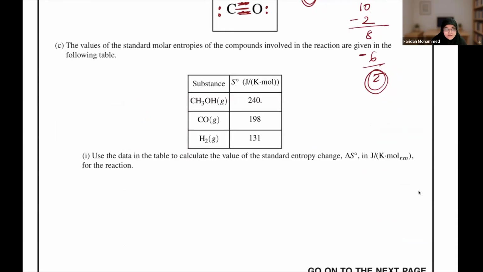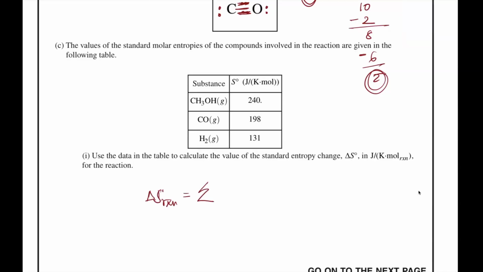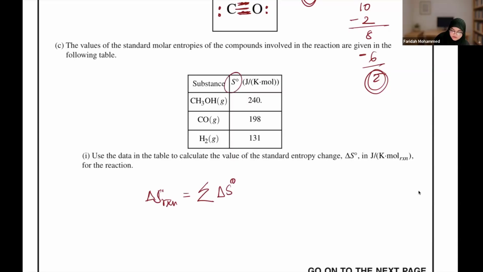You have to show the formula and then you're gonna get 1 point. So you can say, delta S reaction equals the sum of delta S of the product minus sum of delta S of the reactant.